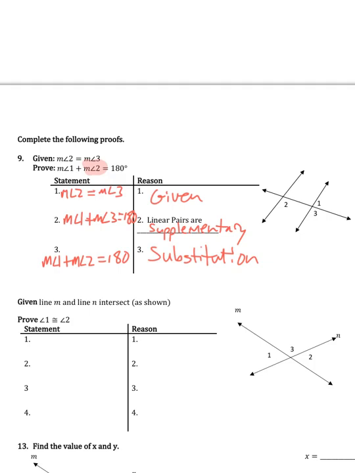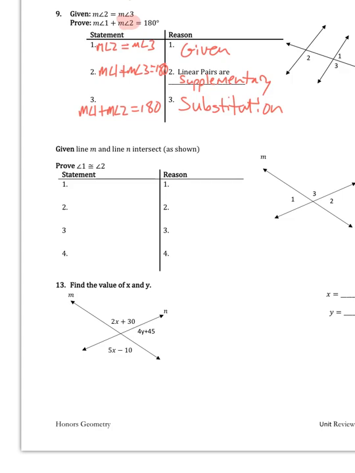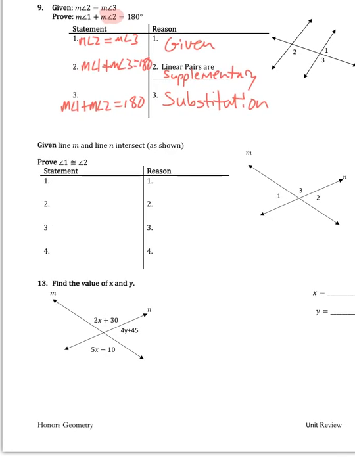So let's take a look at the next proof here. Here we're proving the vertical angle theorem. We've got 2 lines that intersect, and we want to prove that angle 1 is congruent to angle 2. So let's jump into it. Let's start with our given.